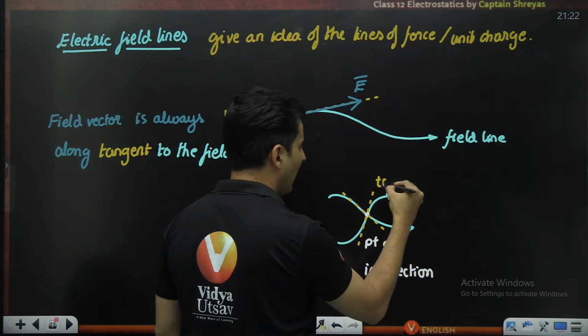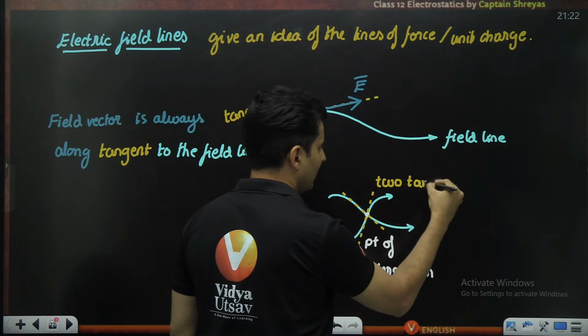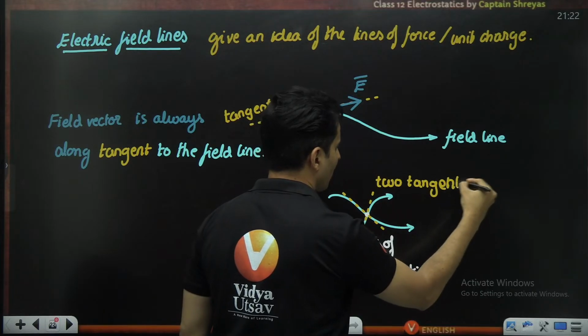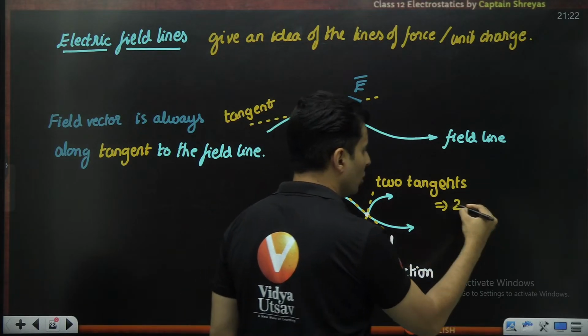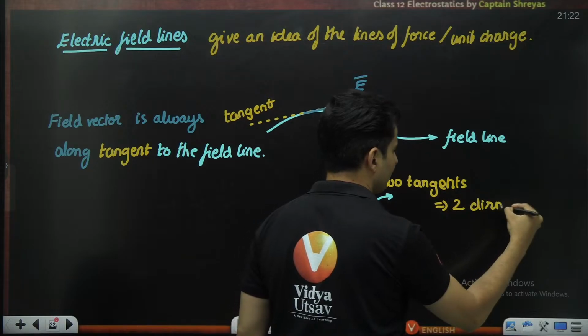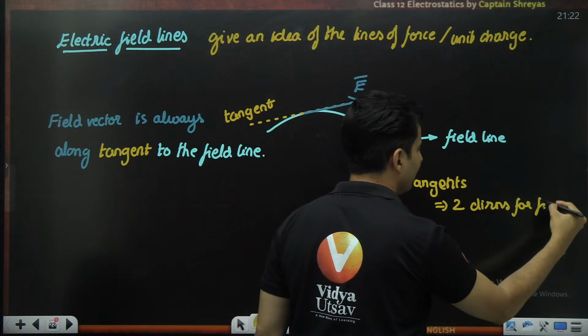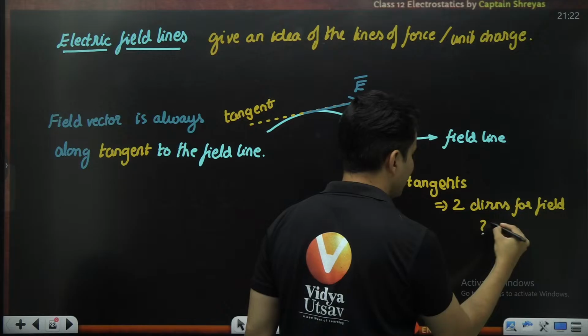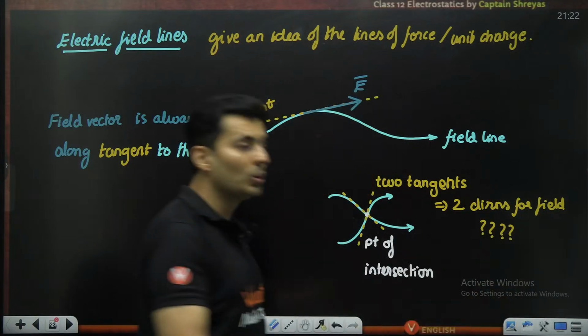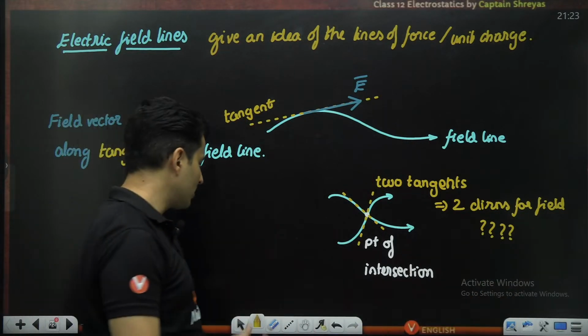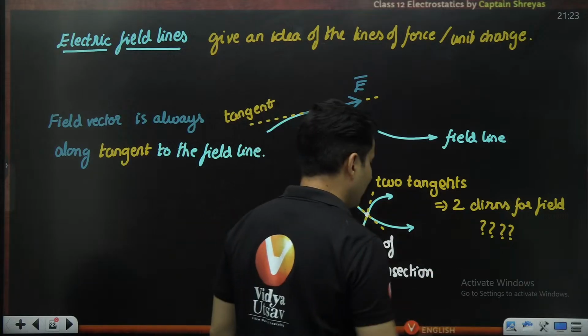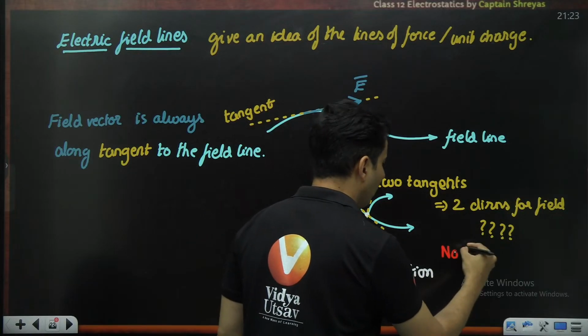It means there are two directions for the field. How can a field be in two directions at the same time? It is not possible.